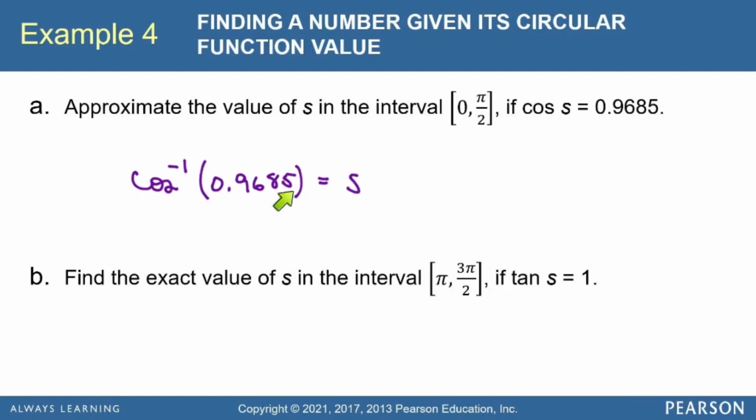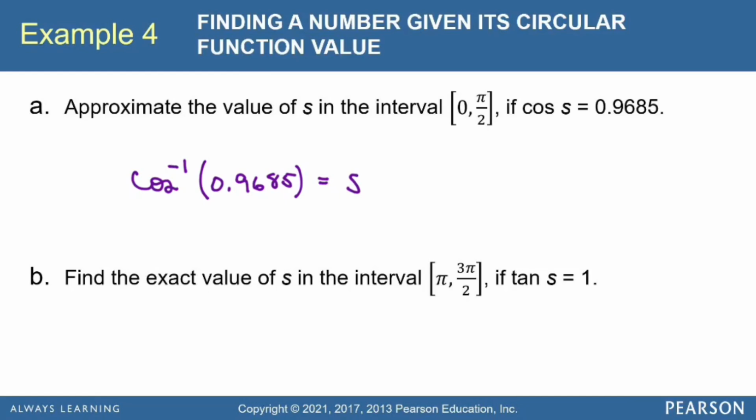And obviously that's not a value that we have memorized, so we will have to use the calculator here to get an approximation. And at this point, you really have to pay attention to whether your calculator is in degree mode or radian mode, because it's going to give you the answer in whatever mode it is set in. Your calculator must be in radian mode.